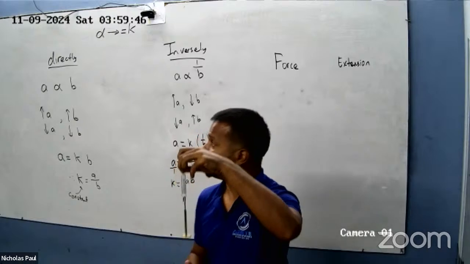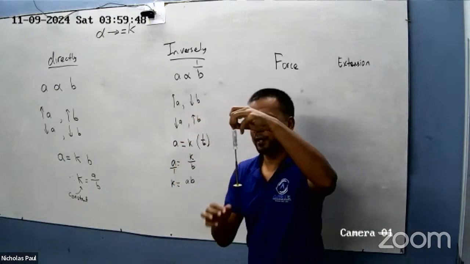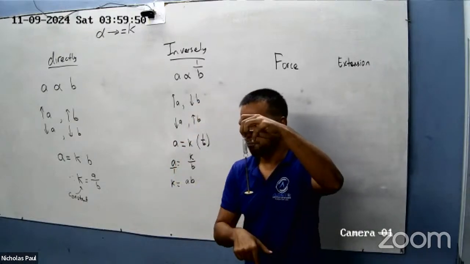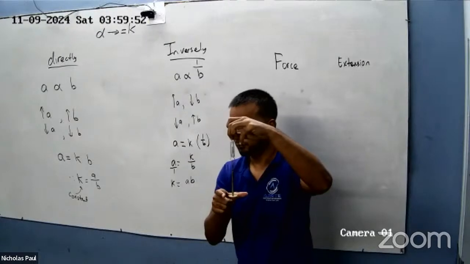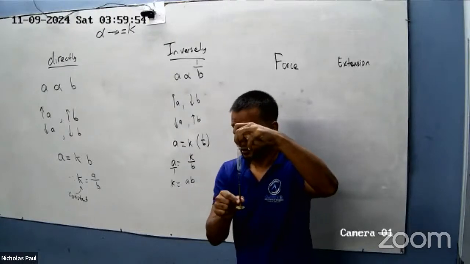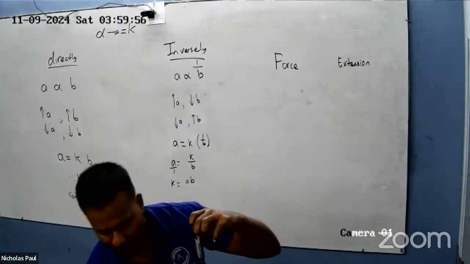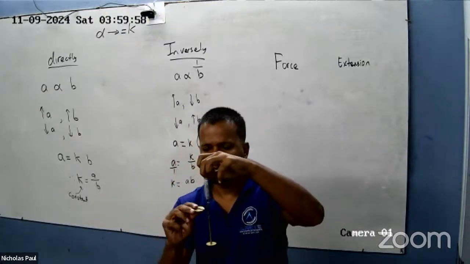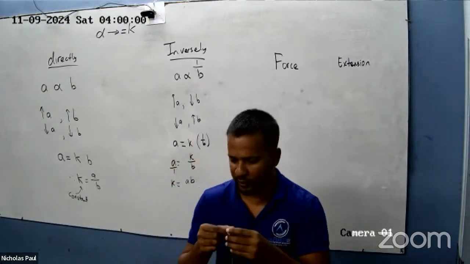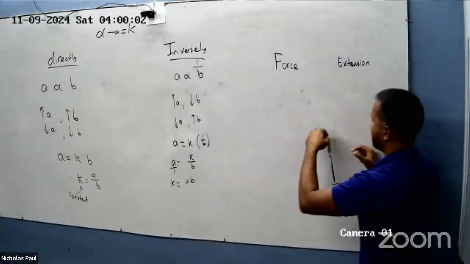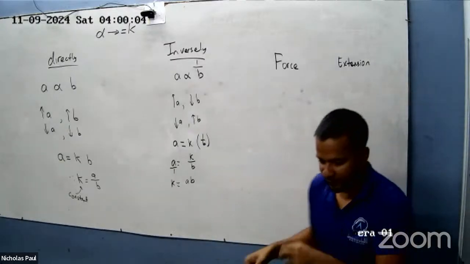What will happen as I add mass here? It should extend. I know it's kind of hard to see what the original length is, but let us see.